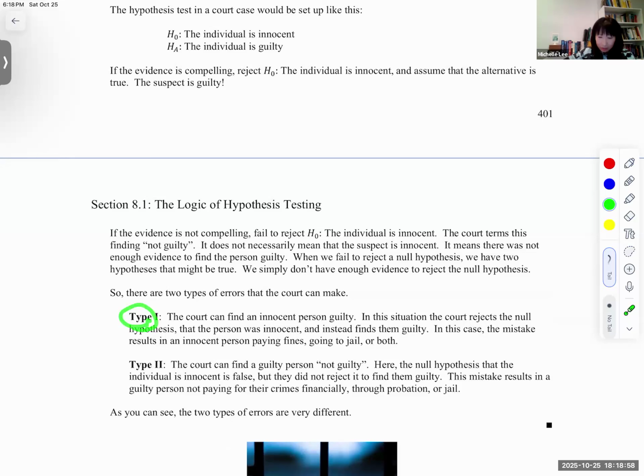Type 1 error. So we have the null hypothesis. Type 1 error is rejecting the null when the null is true, right? That's the type 1 error. So let's take a look. The court can find an innocent person guilty.